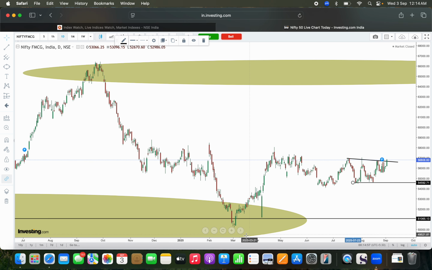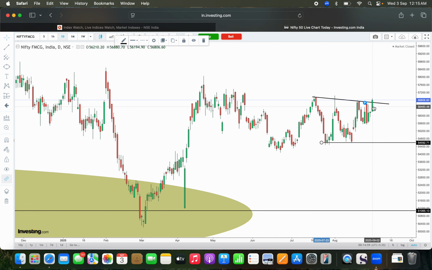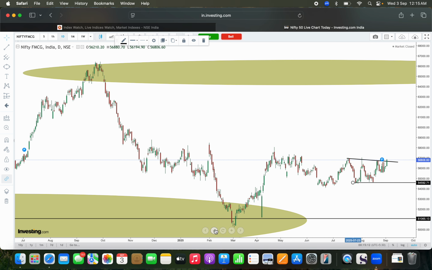And in today's price action, what the index has actually done is it has sort of closed above the resistance line, and the pivotal resistance is maybe just another 100, 200, 300 points away. So the FMCG index looks like on the daily time frame it is going to give a confirmation for the inverted head and shoulders.